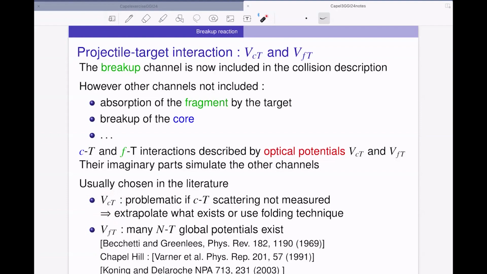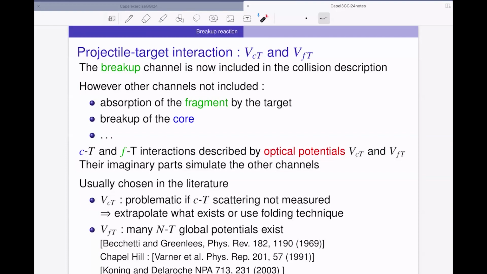We would need elastic scattering data to fit potentials. But if an experimentalist goes to a PAC, so Program Advisory Committee, to ask for beam time to measure elastic scattering to get an optical potential, nowadays you will never get the beam time. So it's out of question.